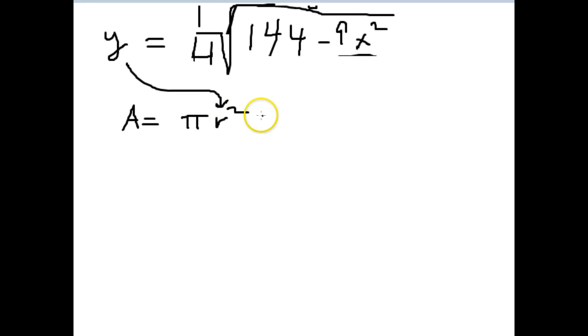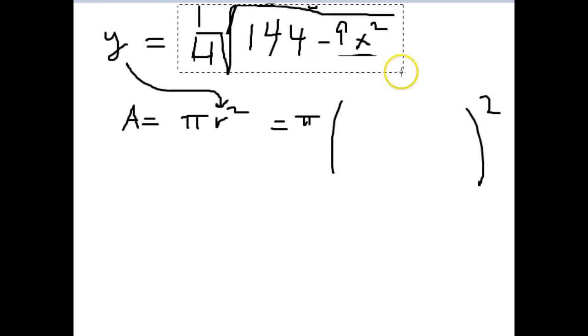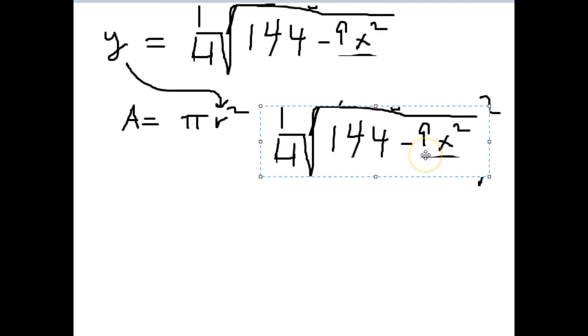Okay, so that means it's pi all this stuff squared. I hope you're not thinking all what stuff, but it's okay if you are, because if you are, I can just move this. There it is.